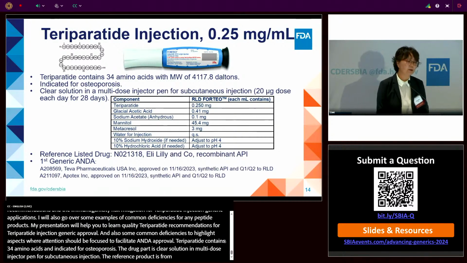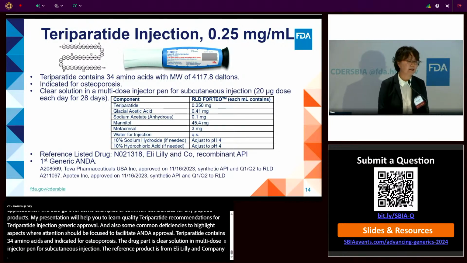The first approved generic ANDAs are from Teva and Apotex. Both are Q1, Q2 the same as the RLD, and both are eligible for biowaiver, and both with the synthetic API.